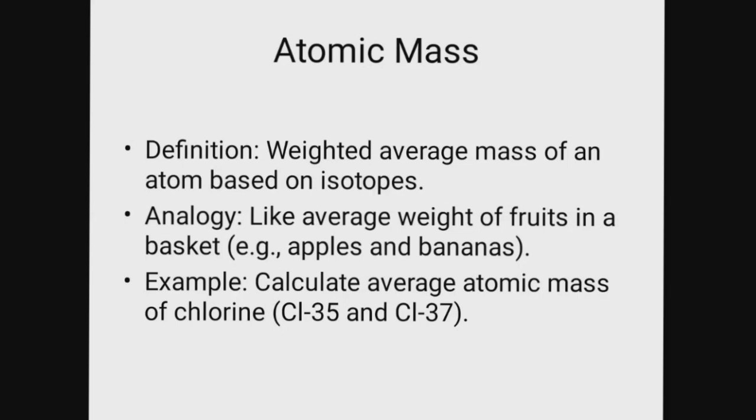We know M1 and M2 are the atomic masses of these two isotopes, then A1 and A2 are their respective abundances. Given that the atomic mass of the first chlorine is 35, while its abundance is 75%, or 0.75 in decimal, then the second chlorine has atomic mass 37 and abundance 25%.